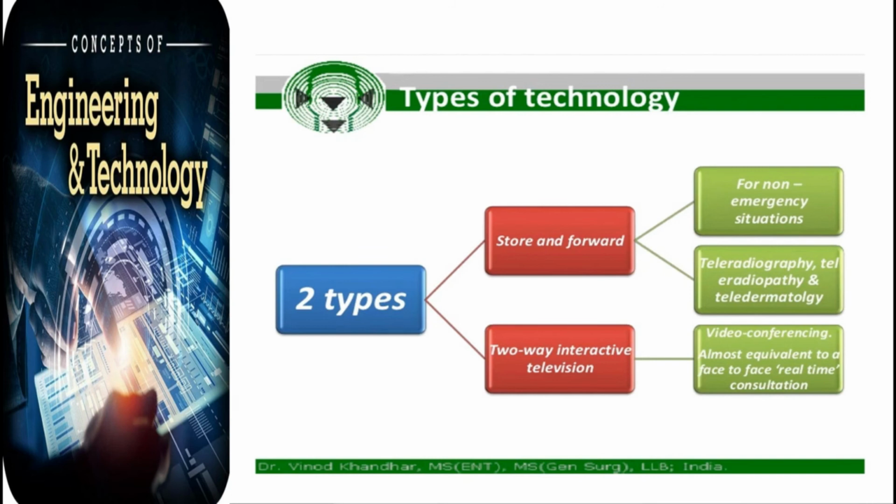This is very, very important when you talk about telemedicine systems, how you will be taking the information, how you are going to adopt the technology, what type of technology you are going to use.